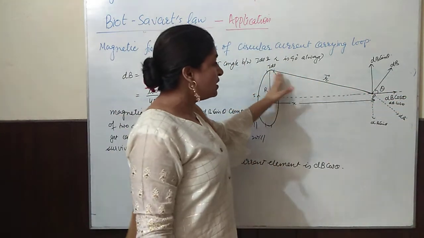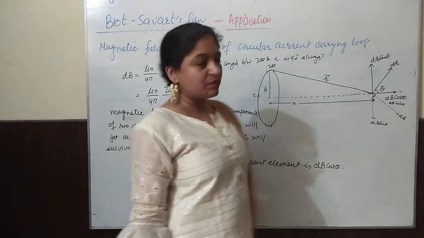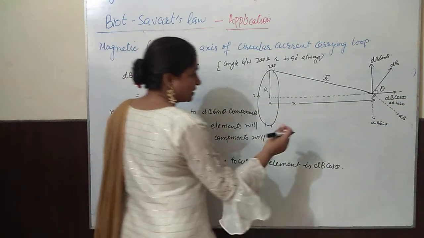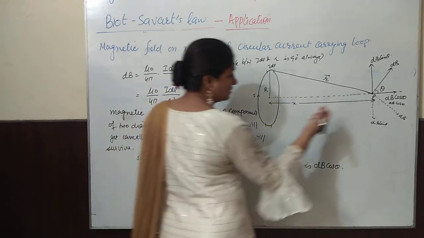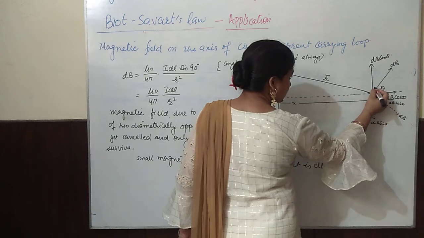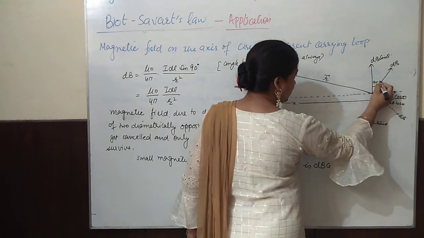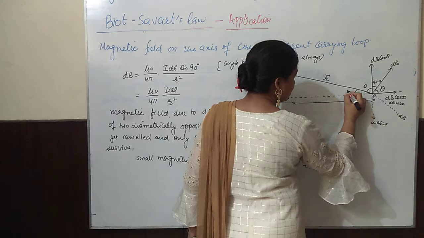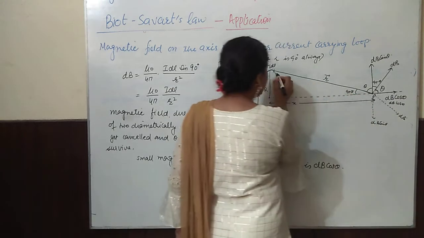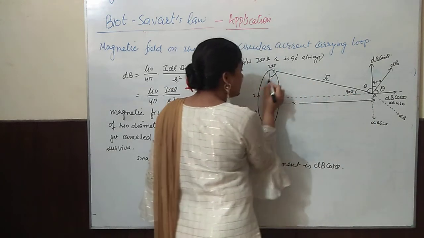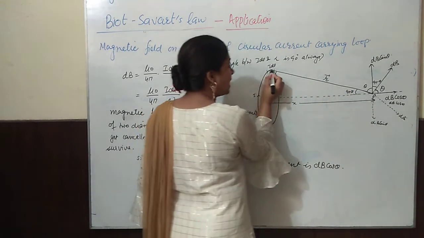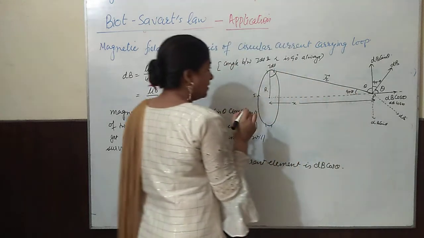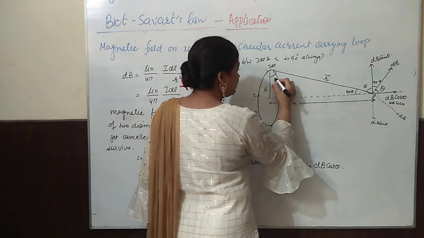Now let us see what the cos theta component is here. If this is theta, this would be 90 minus theta, and this would be theta, this would be 90 minus theta, and this angle between this radius and this position vector would be theta.